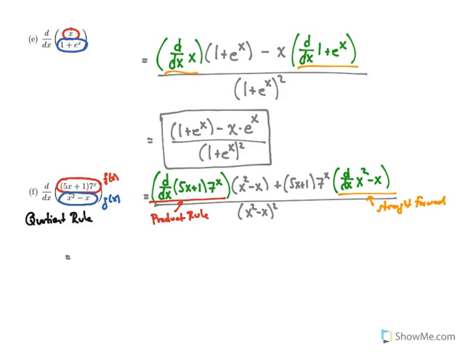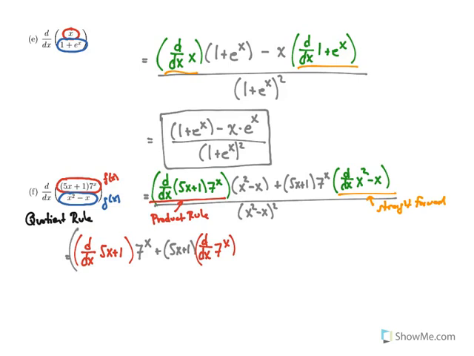That's going to be the derivative of the first times the second plus the first times the derivative of the second.